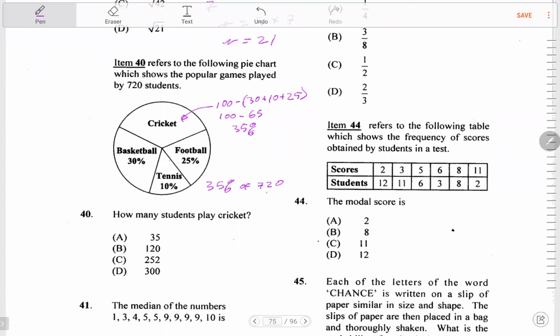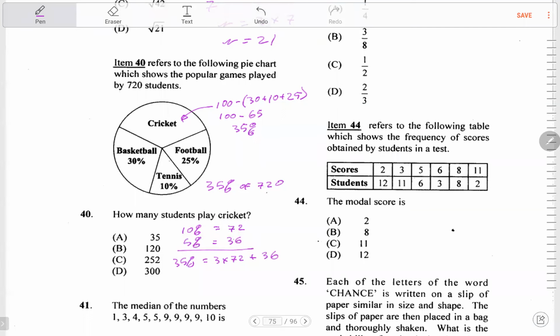So 10% is 72. And 5% is half of that, which is 36. So 35% is 3 times the 10%, which is 3 times 72, plus the 5%, which is 36.